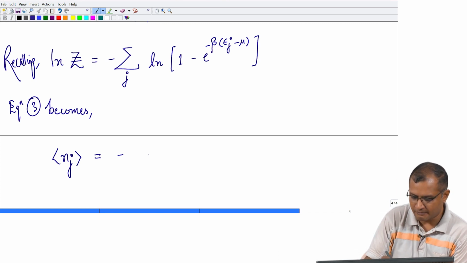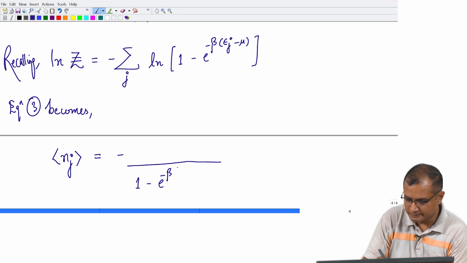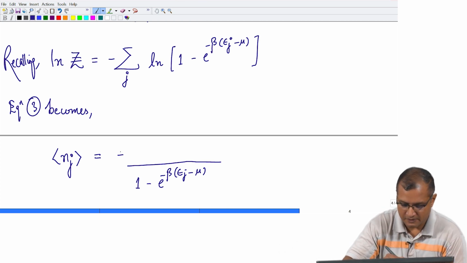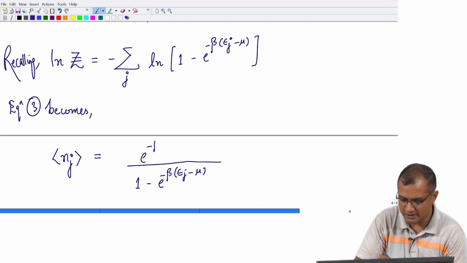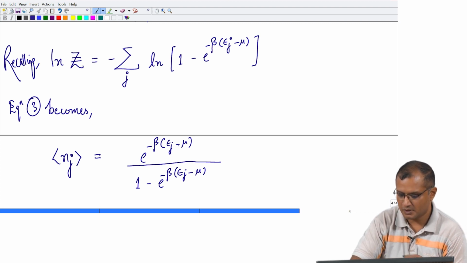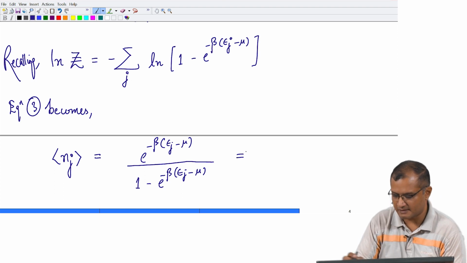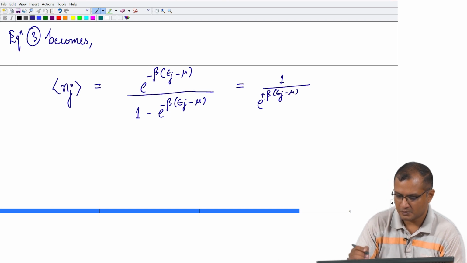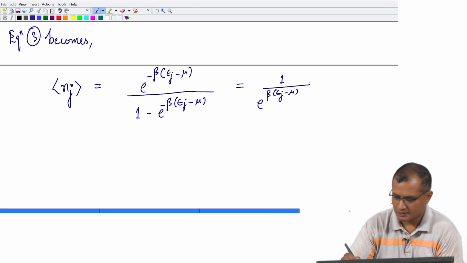So, we will have a minus sign outside over 1 minus e raised to minus beta, and this minus will turn to plus, and what you will have is just e to the power minus beta E j minus mu, and you can simply write this as 1 over e to the power minus beta E j minus mu, minus 1.